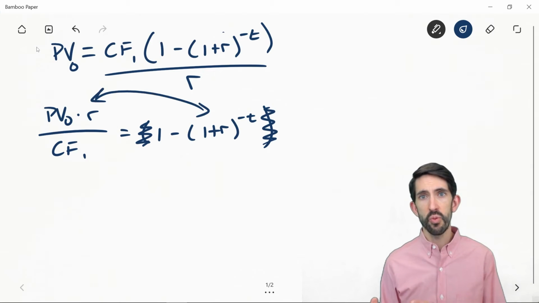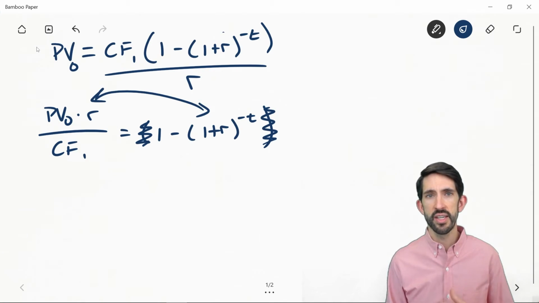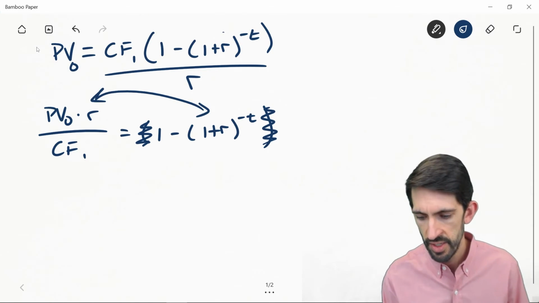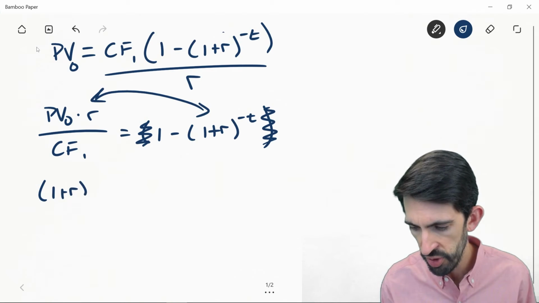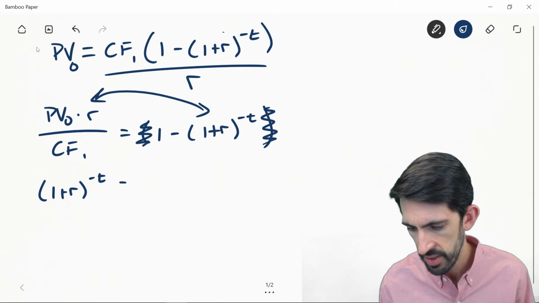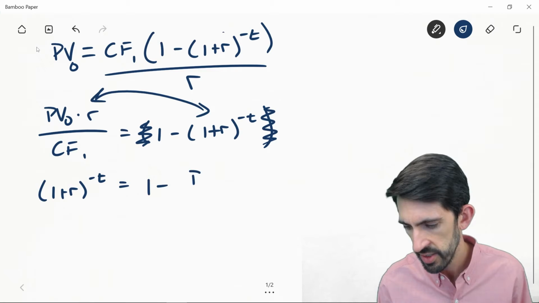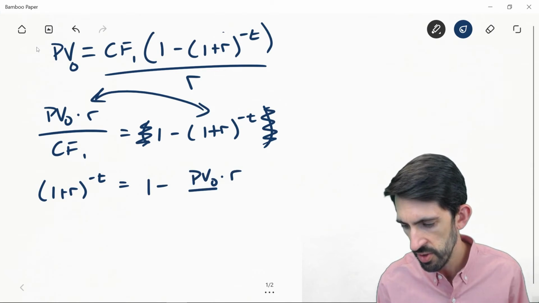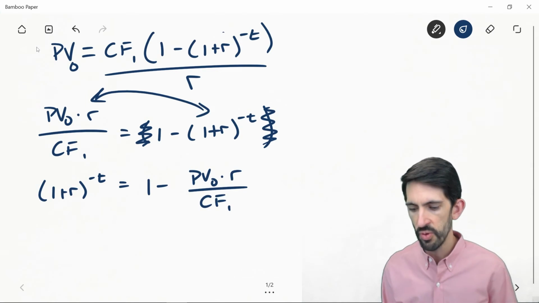All right, we're going to add 1 plus r to the minus t to both sides and subtract present value 0 times r divided by cash flow 1 from both sides. We then get 1 plus r to the minus t is equal to 1 minus present value 0 times r divided by cash flow 1.